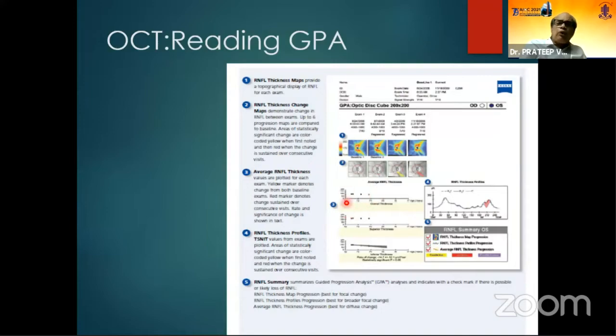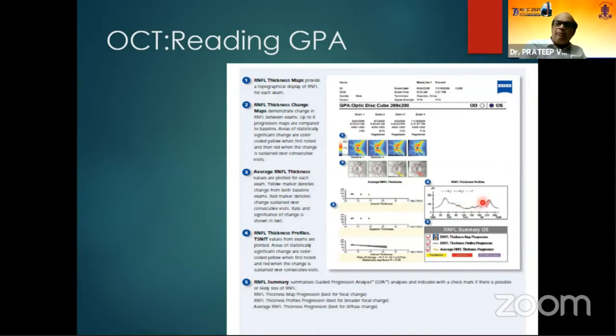You can do a good progression analysis with this. The monitoring of glaucoma is very important, and so is the progression analysis. In the clinic we have less time, so we want ready-made software, and this is now very much available. It does the progression analysis on the basis of three things: one is the total RNFL thickness in the 6 millimeter tube area, the second is the superior hemisphere, and another is the inferior hemisphere.